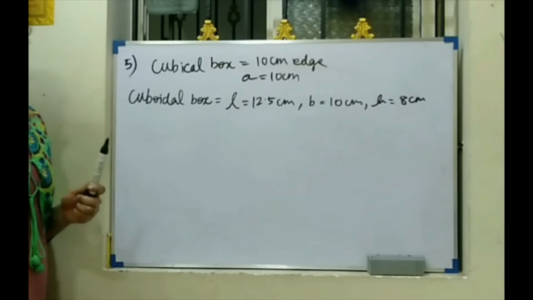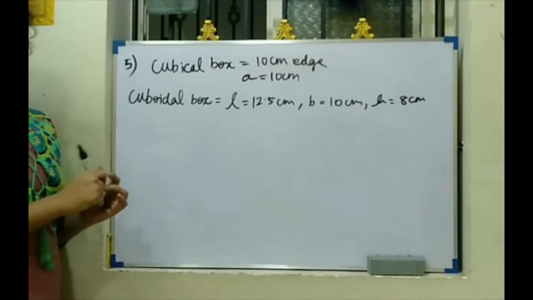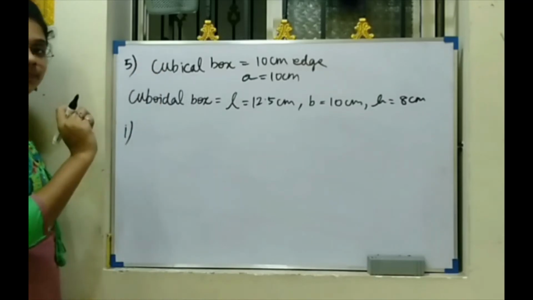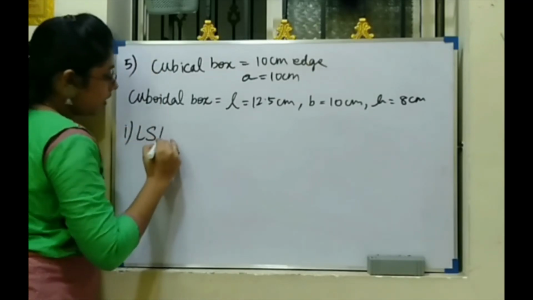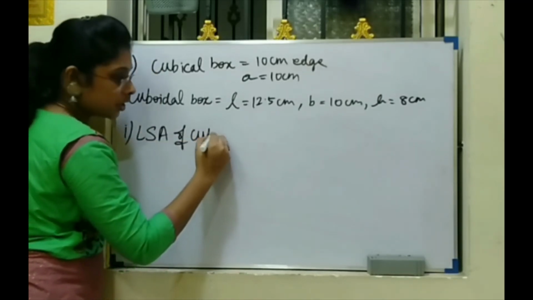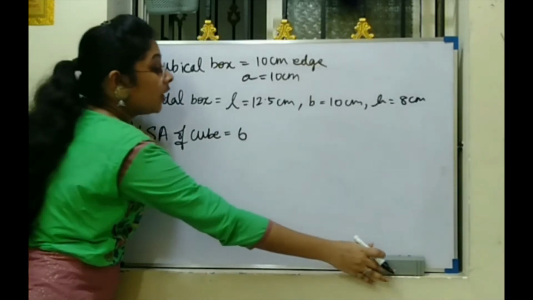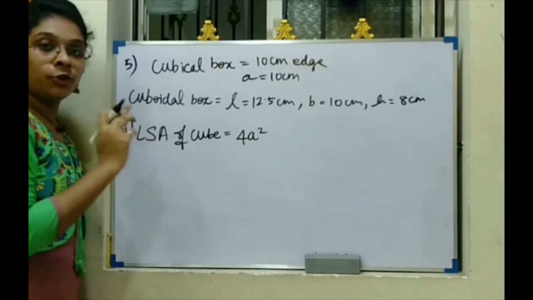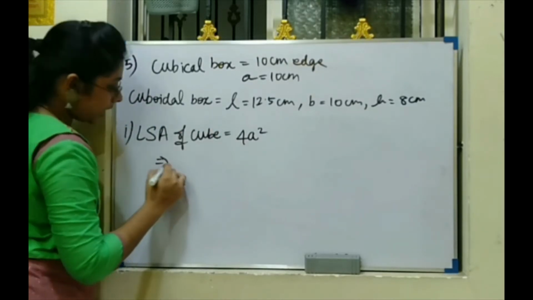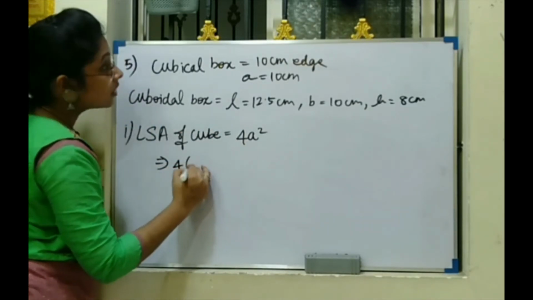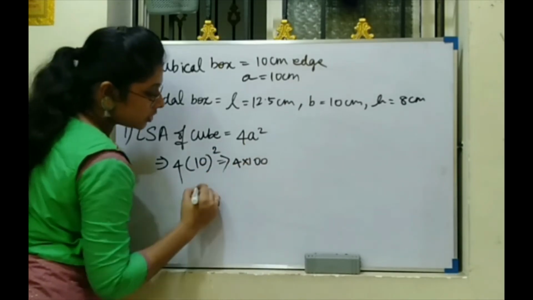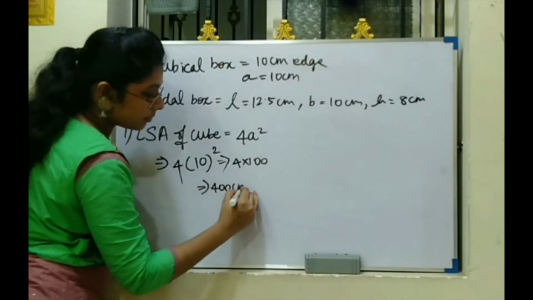So, what we have to find first is lateral surface area. So, what is the lateral surface area of cube? LSA of cube is equal to 4a square. My a is 10. So 4 into 100, which is equal to 400 centimeter square.